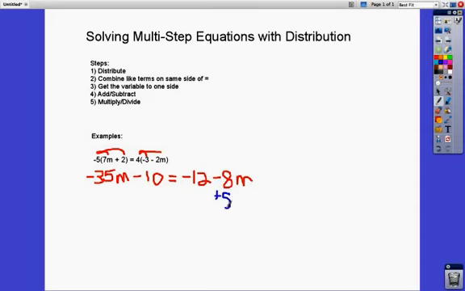And to do this, I will have to add m because I want to do the opposite. And in this problem, that's a minus, so opposite is a plus. So I only add it to the other m, not to the 10 or the 12. So when we do this, negative 35m plus 8m is a negative 27m.